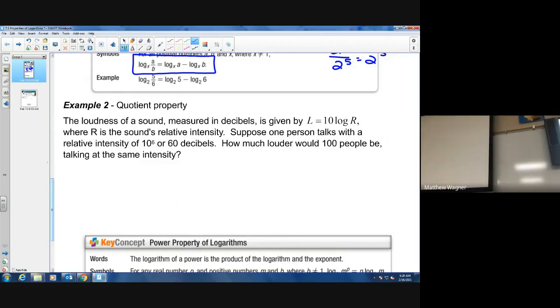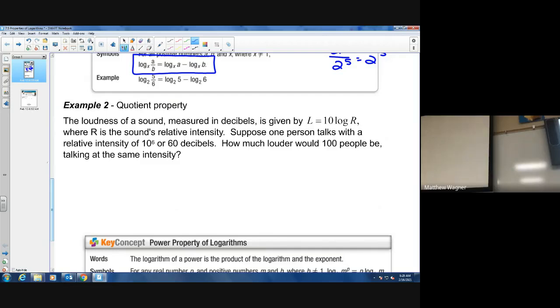How much louder would 100 people be? Well, you'd think 100 times, right? That's kind of what intuition says. If one person talks 60 decibels, then 100 people will talk 160 decibels, right? Or 100 times louder, I apologize.